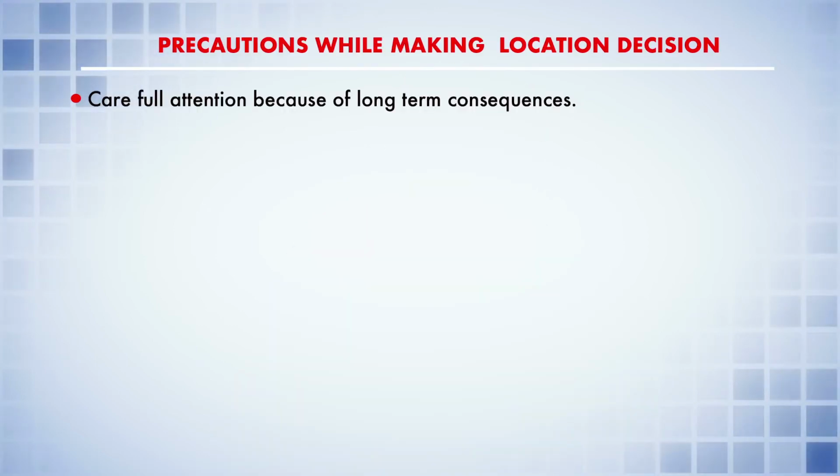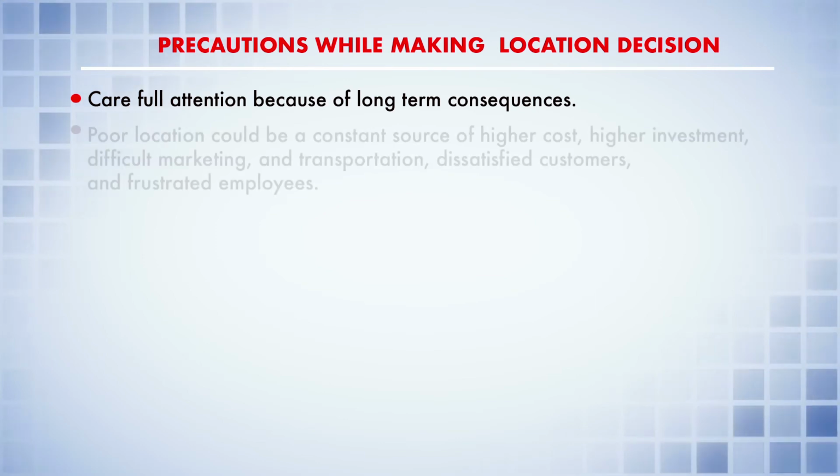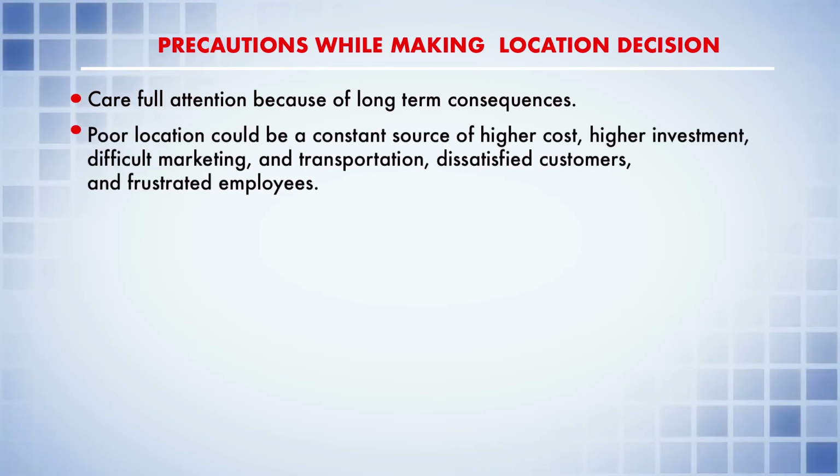Now, what precautions does one have to take while making the location decision? You will appreciate that this is a long-term decision. If your selection is poor, that will affect the future financial position of the unit.